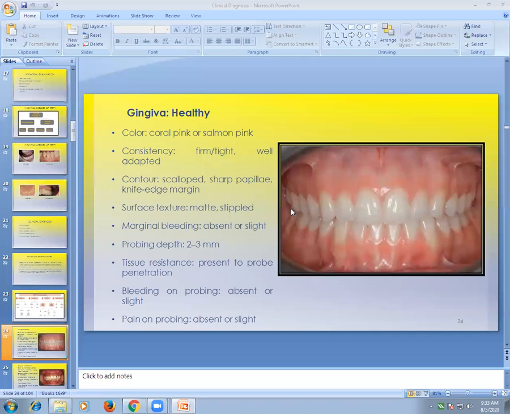And then the next part will be your extraoral examination followed by intraoral examination. Again, in intraoral examination, you will check all the surrounding parts, the lining mucosa, the floor of the mouth, everything. After that, the next part will be your teeth examination.